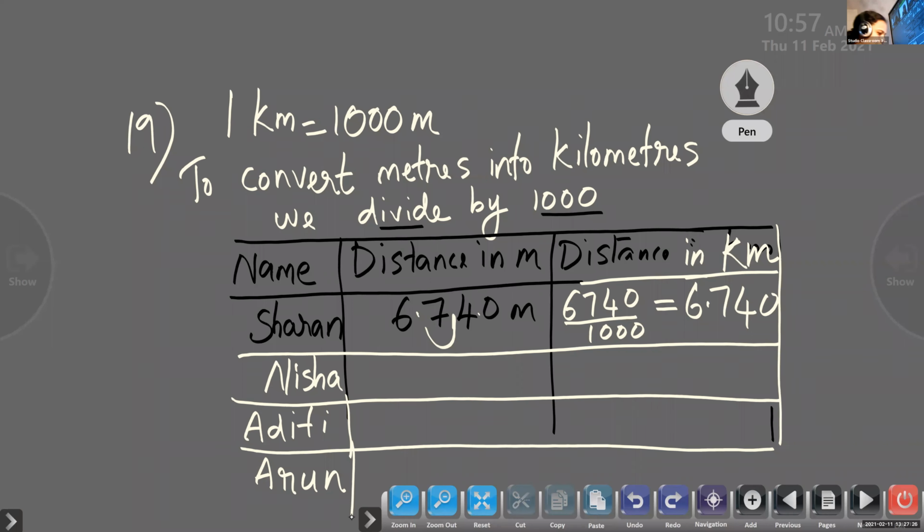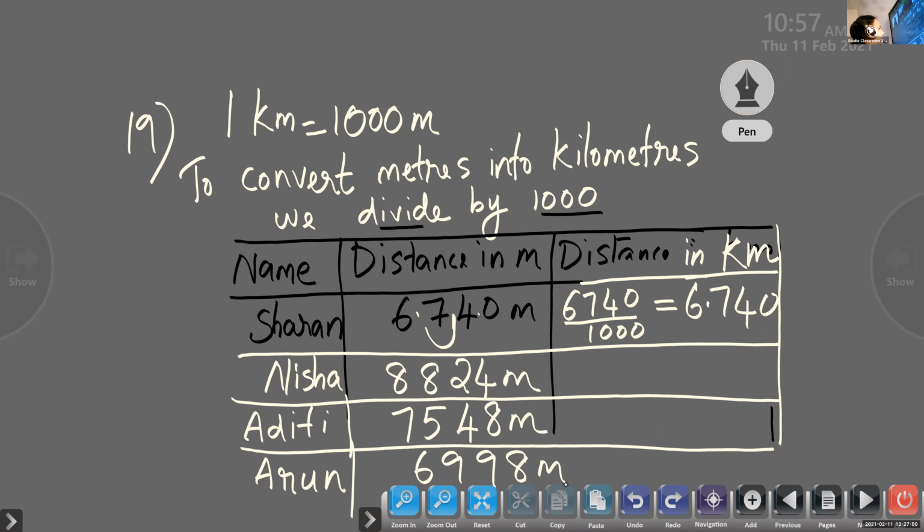So look at the question. Nisha, 8824 meters. Aditi, 7548 meters. Arun, 6998 meters.